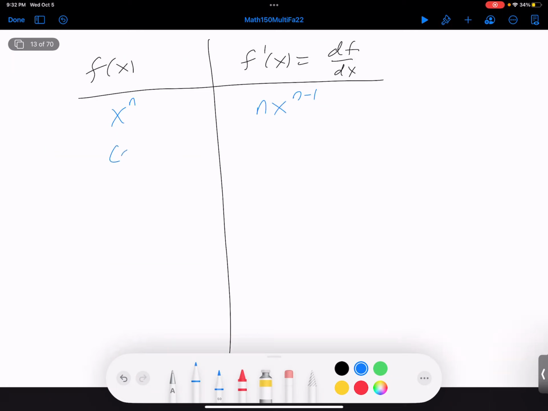If I give you cosine of x, minus sine of x. If I give you sine of x, cosine of x. Give you e to the x, e to the x. And do you remember natural log of x? 1 over x. Very good. So these are all the key derivatives. What if I give you some constant? It's 0.